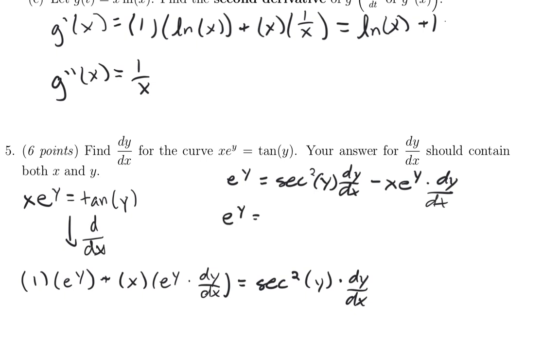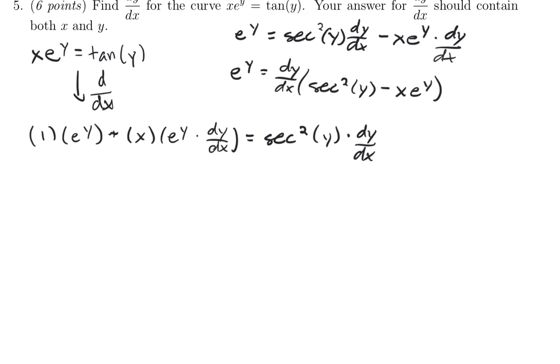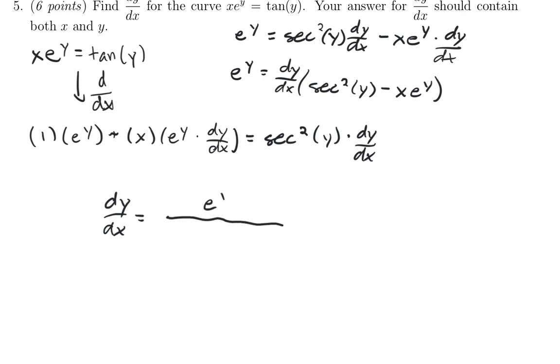So e to the y equals dy dx times secant squared of y minus x e to the y. And then finally, I can just divide that part over. And so I'll get that dy dx equals, let's see, e to the y over secant squared y minus x e to the y. That's the final answer.